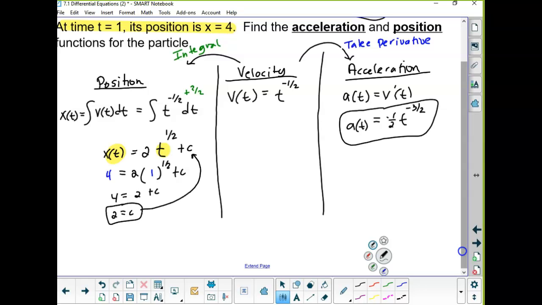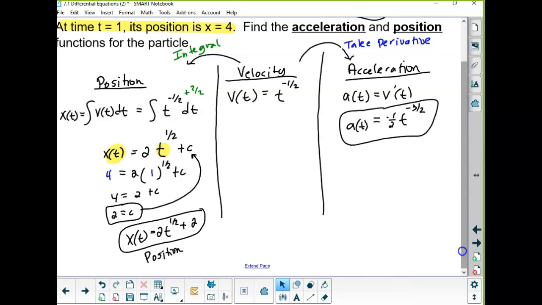And I'm just going to go right back to where that c first appeared. And there is the exact position equation. So you will definitely see some form of question like this.